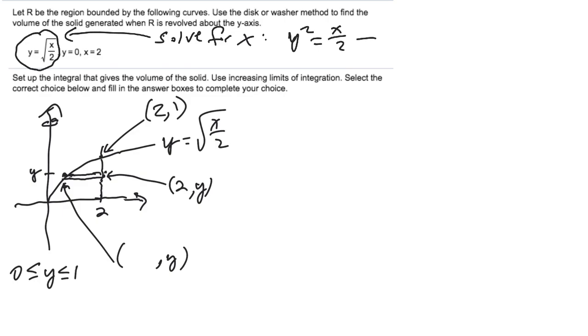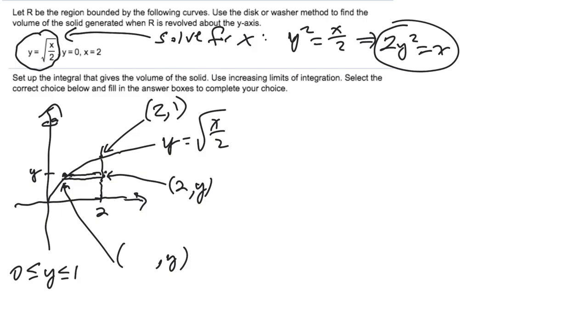Multiply both sides by 2, and I'll get 2y squared equals x. So these equations are equivalent. Well, almost. This one only allows y's to be positive, and for this one it could go both ways. So this is only giving you half the parabola, and this is giving you the whole parabola. But we don't care because we're only worried about half of it anyway.